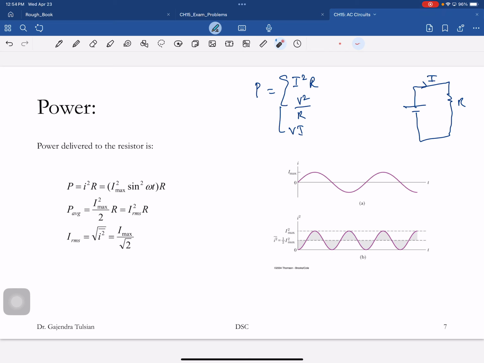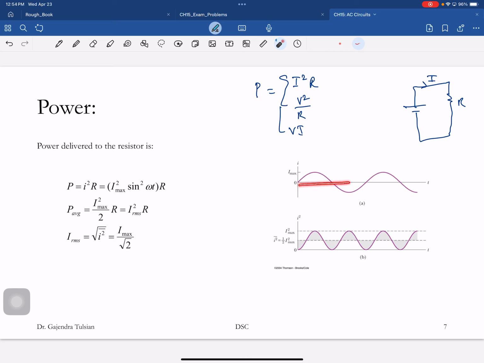Now here's the important thing. This thing is blinking on 120 times a second. You can't perceive it, so all you care for is average power. To get the average power, see, this is a function of time.